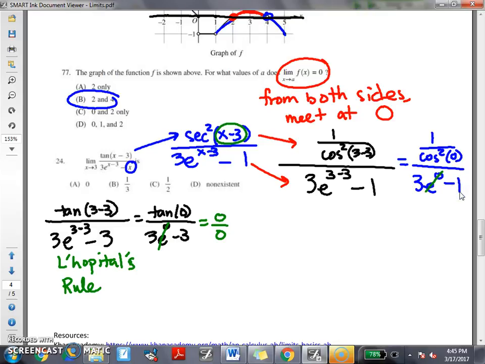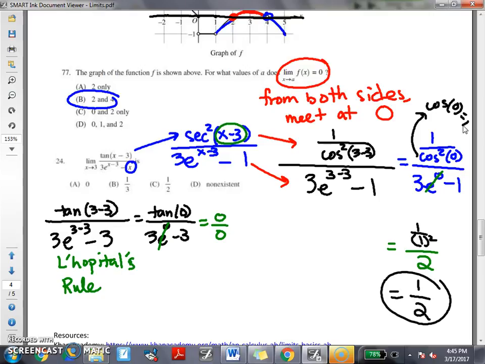E to the 0 is just 1, so 3 minus 1, that'll be your new denominator. And a quick hint, the cosine of 0 is 1. So 1 over 1, squared technically, which is still going to give us 1 over 2. Okay, so I know there were a lot of steps, but you can rewind this video and look through how I took the derivative of each, then plugged in again, so I can get the true limit value.